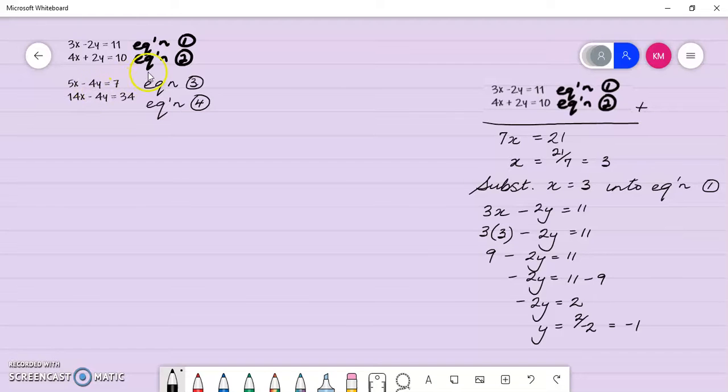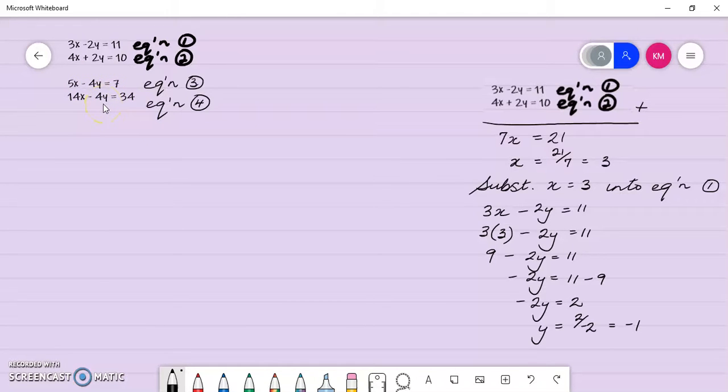So let's say I decide to add, just like my first equation. I'm going to get negative 4y plus negative 4y, and that is going to be negative 8y. That is not going to eliminate my y. So let's try subtracting. Negative 4y take away negative 4y.